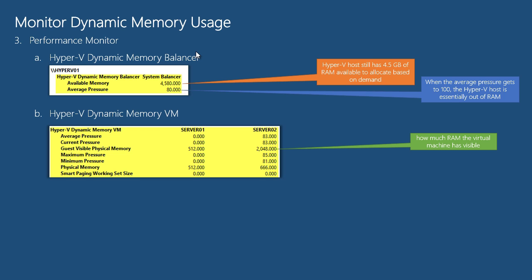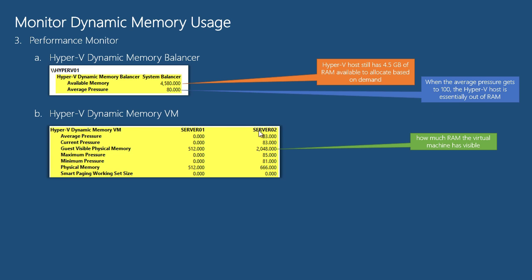The Hyper-V Dynamic Memory Balancer counter gives you a view of how the host is doing from a memory perspective. In this image below, the host still has 4.5 GB of RAM available to allocate based on the demand, and the current demand or pressure from the virtual machines is around 80. When the pressure gets to 100, the host is essentially out of RAM.